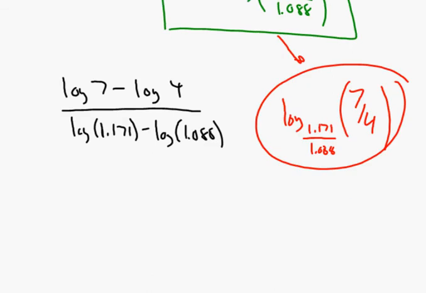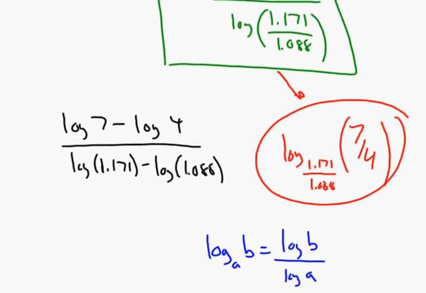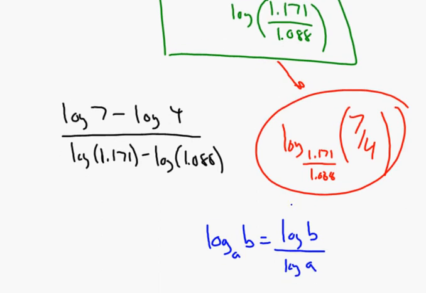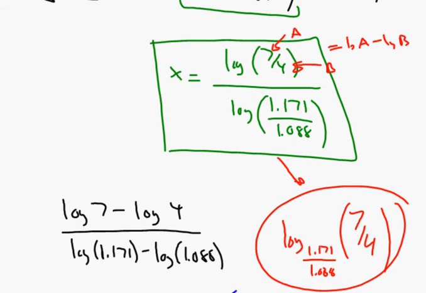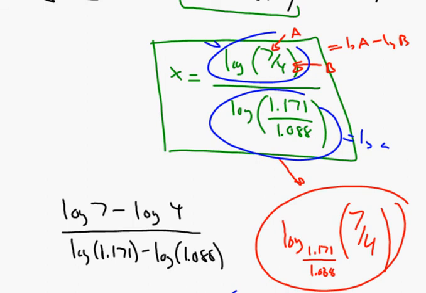Well, change of base formula says that if you have log base A of B, that's the same thing as the log of B over the log of A. So what I just did is I used that rule backwards. I went this direction. Look, there's the log of A. This thing on the bottom is acting like log of A, and this thing on the top is acting like log of B. So here we are. We got log base A of B.